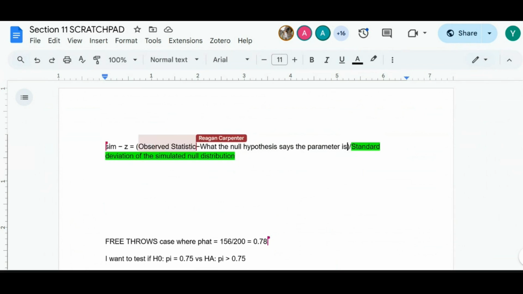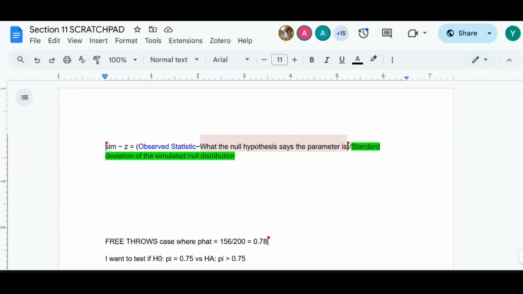The observed statistic needs a color, yes. Anyone know what it is? Before it gets colored, anyone want to try? Does everyone agree with this answer?